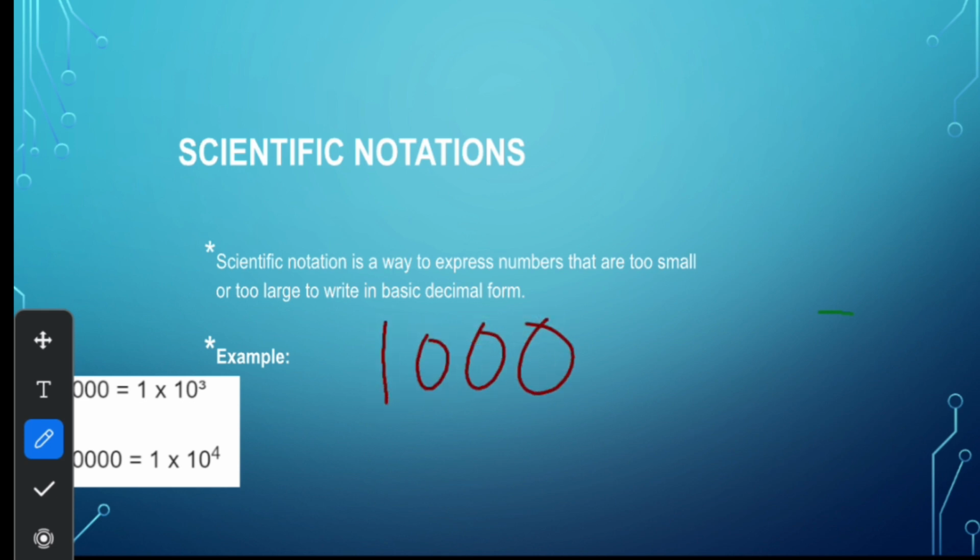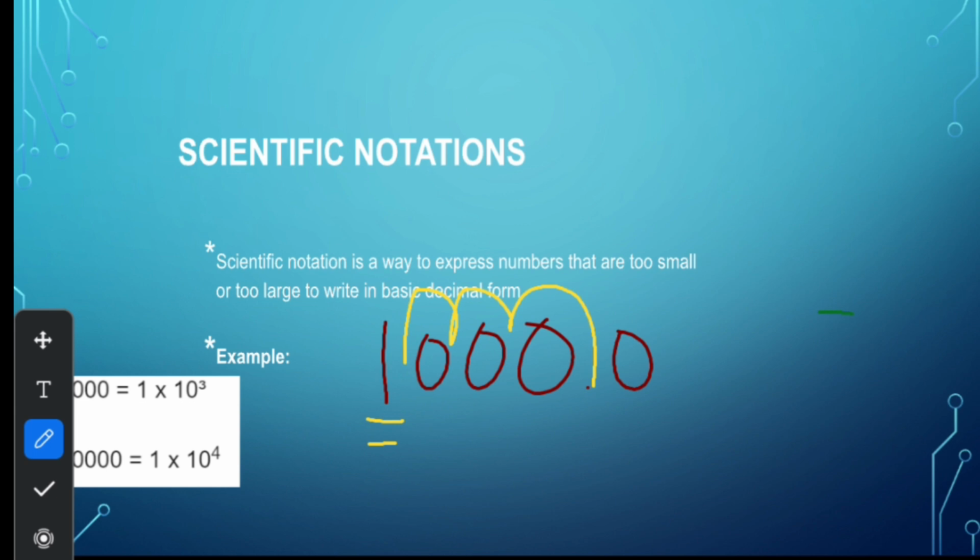Here you cannot see the decimal. It's understood that the decimal is after the last digit, which is 0. So we need to move this decimal to the first non-zero number, which is 1 in our case. So the decimal has to move leftward 3 places.